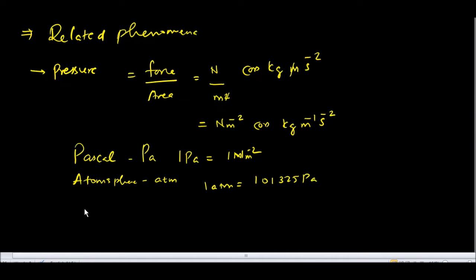Likewise, millimeter of mercury is the other unit, given as mmHg. 1 mmHg is equal to 133.322 pascals.